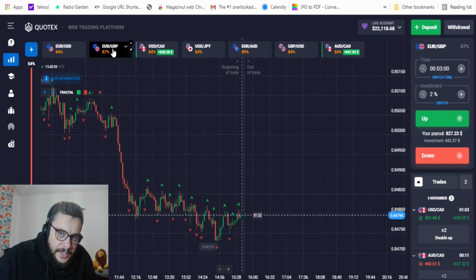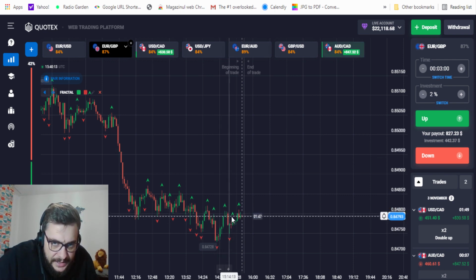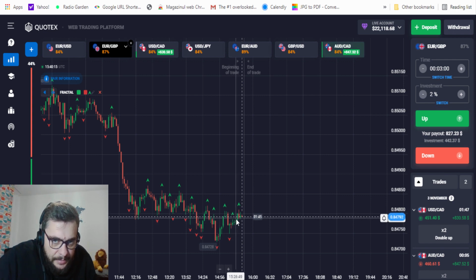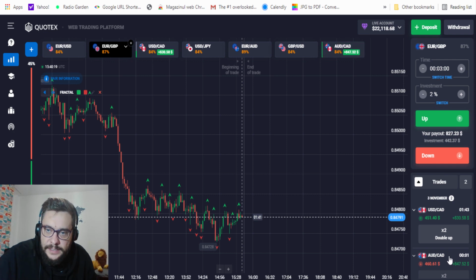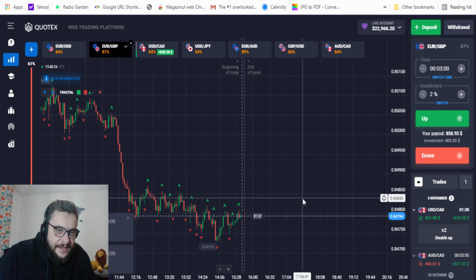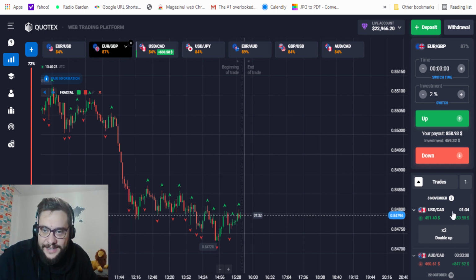Euro GBP, here it was a down signal also, but it was going up. So let's see Australian dollar, Canadian dollar. Yes, in the money. Australian dollar, Canadian dollar, in the money.